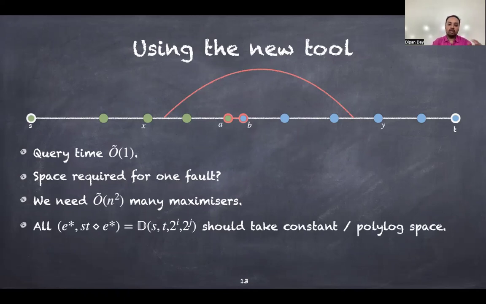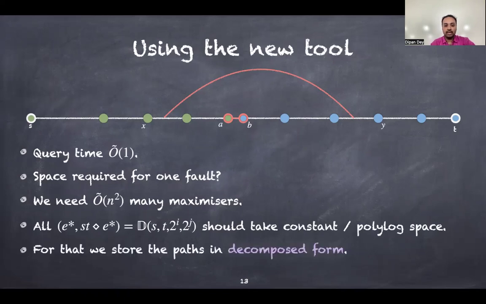All those things should take constant or polylog n many space, and for that we store paths in decomposed form, which I am not getting into details of. Decomposed form just stores it in some nice way to reduce the space required. So for a fixed f, decomposed form will take only constant many space. And this way the space will be O tilde n square for one fault.